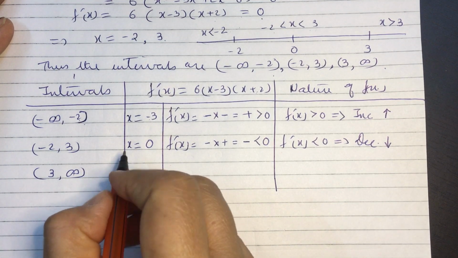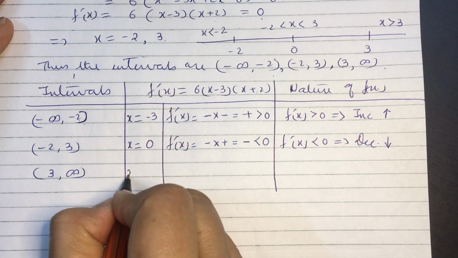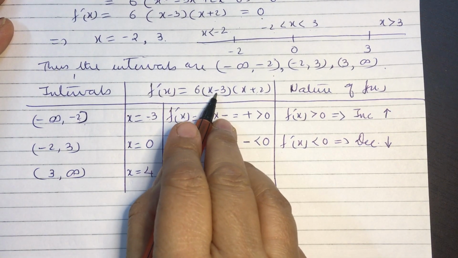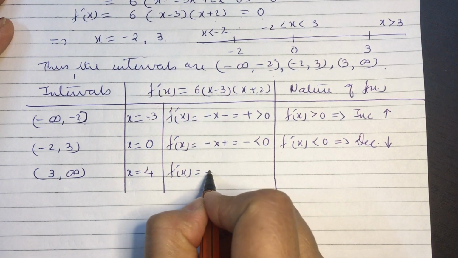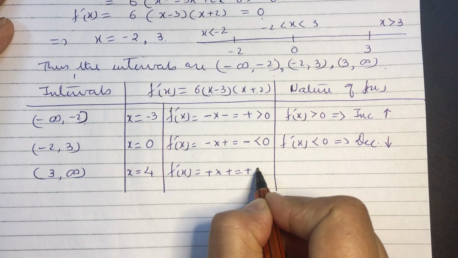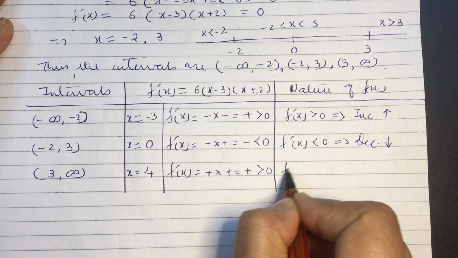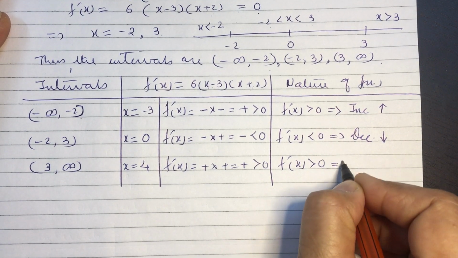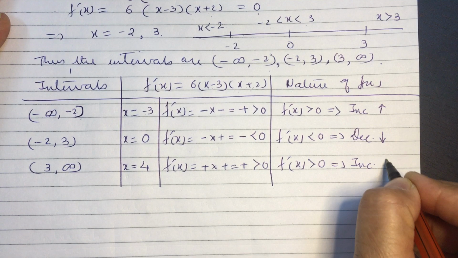Next one is a point, let's choose 4. When you put 4, this is positive, and this is also positive, so it gives you positive, f dash x is greater than 0, which gives us increasing.